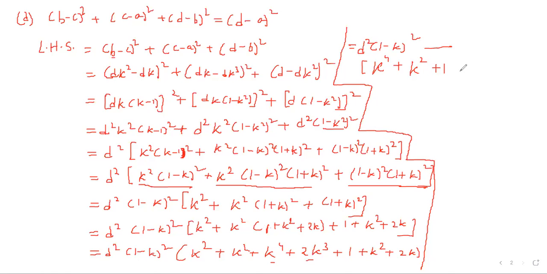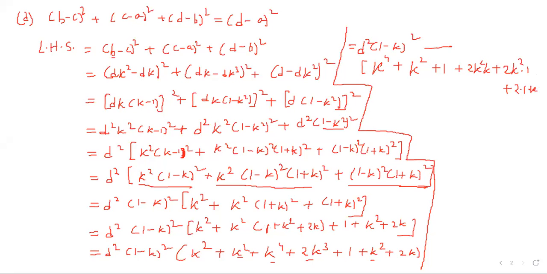One more is 2k cube, which can be written as 2k square into k, plus 2k square into 1. Recall a square plus b square plus c square plus 2ab plus 2bc plus 2ca.